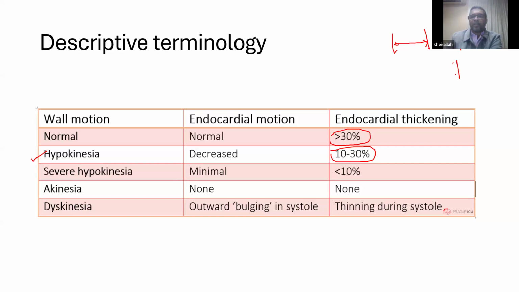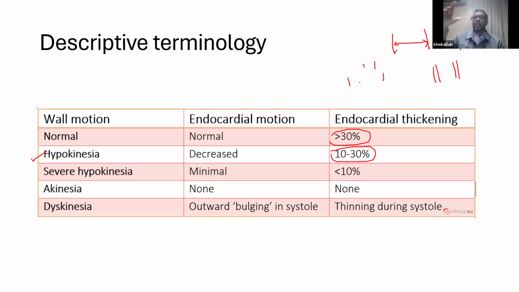So the segment in diastole and in systole is the same length, it does not thicken. Dyskinesis is paradoxical motion.